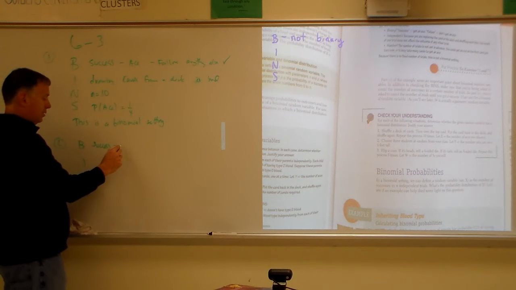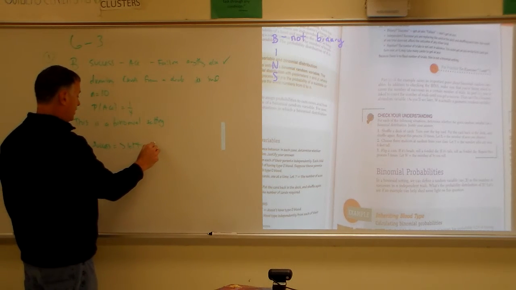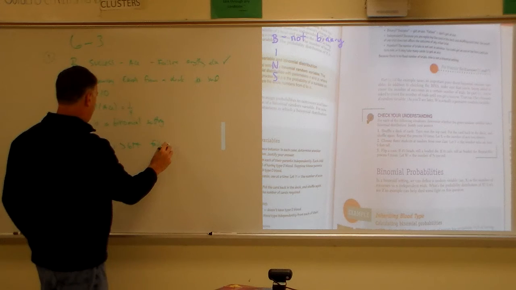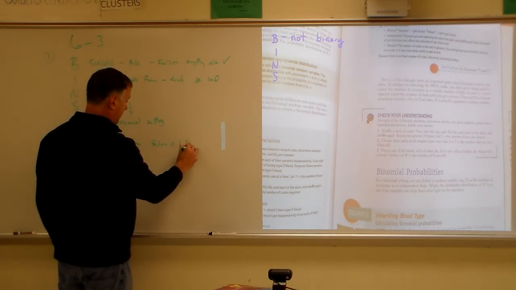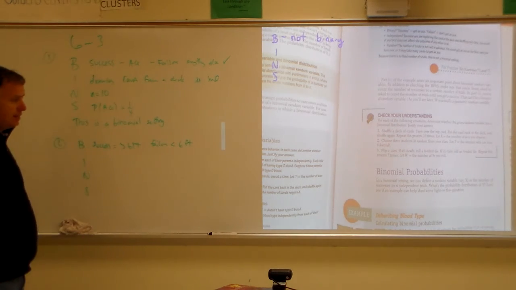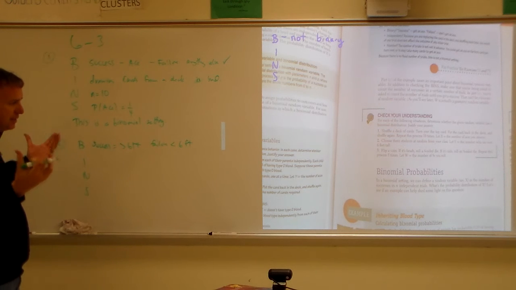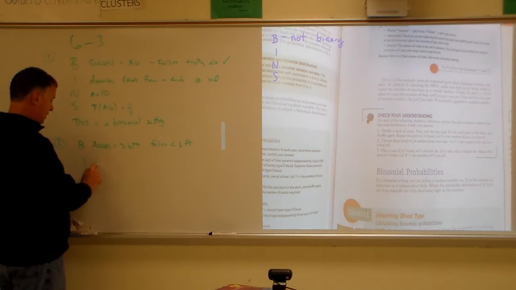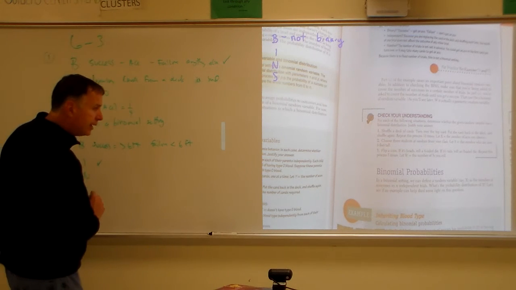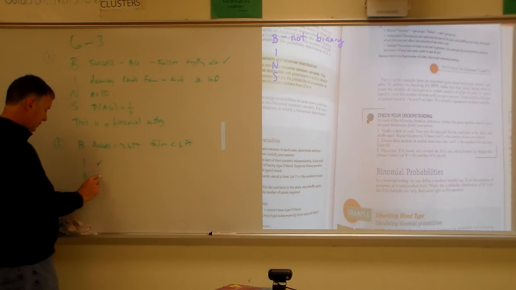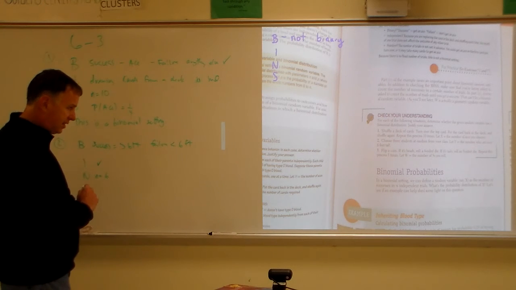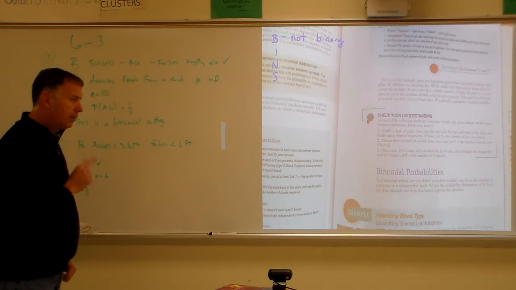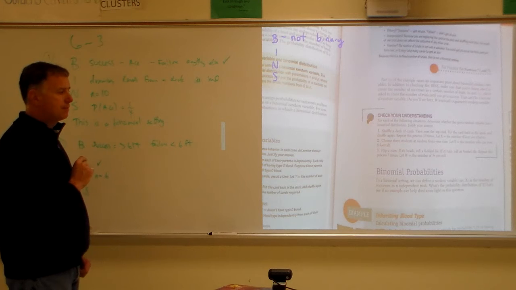Success is greater than 6 feet. Failure is less than 6 feet. Independent. The way you're choosing the students, I would say that they're going to be independent of one another. Okay, the process is independence. Number, you're choosing 3.